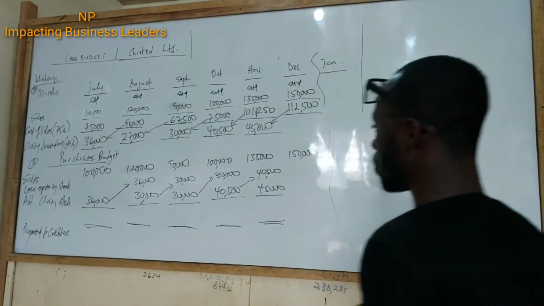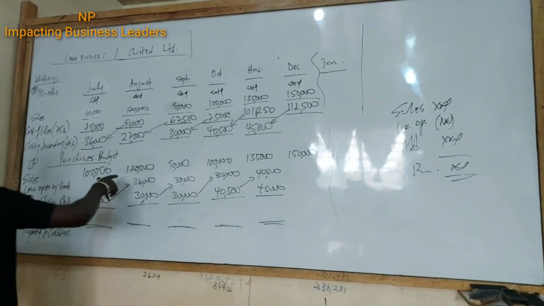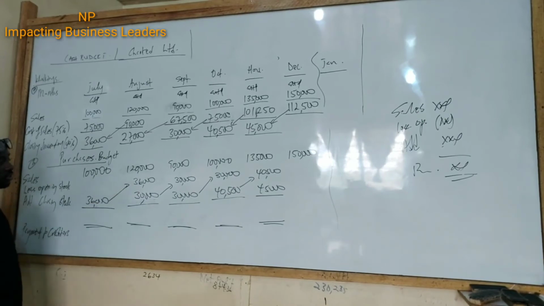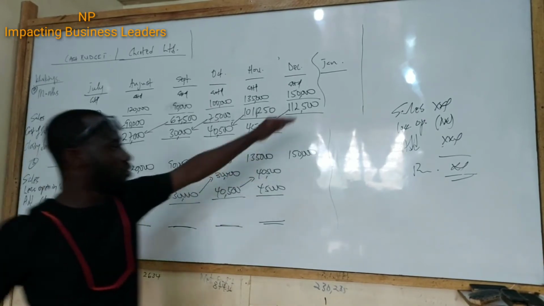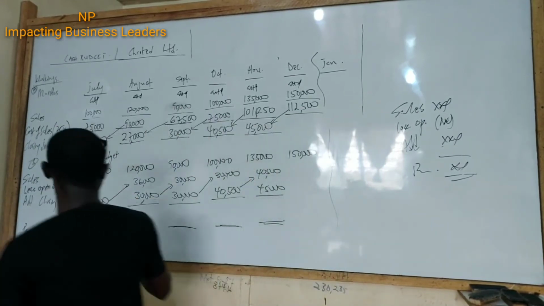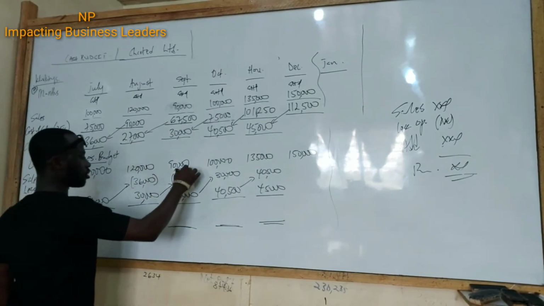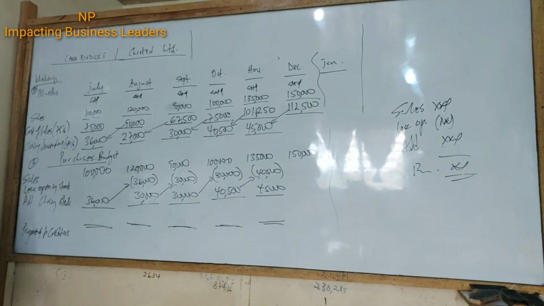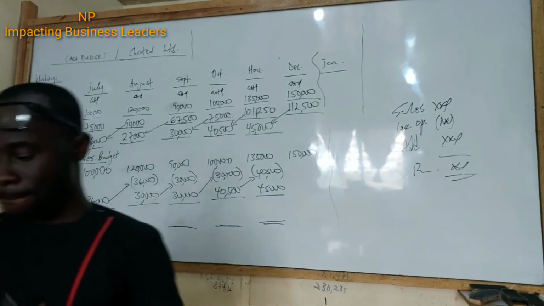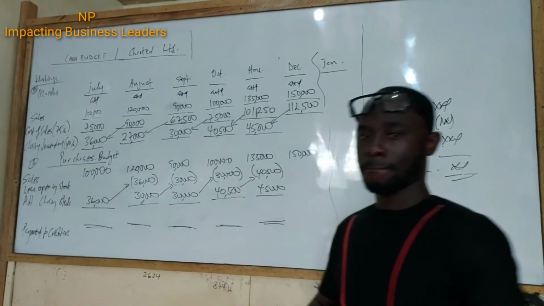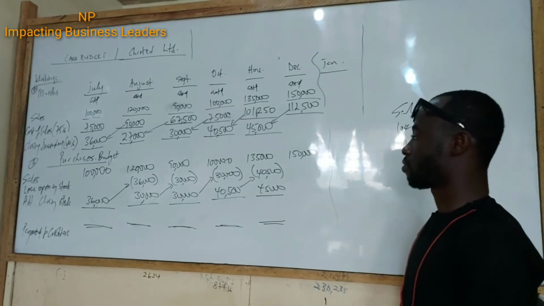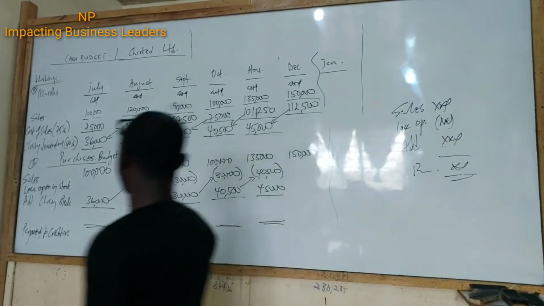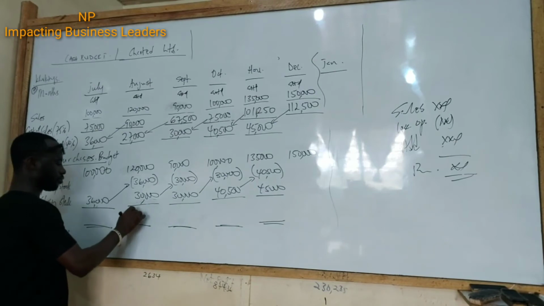That's 120,000. Yeah, that's 120, because that's the pro forma. Sorry, we less the opening stock. We less this respectively. 114,000.